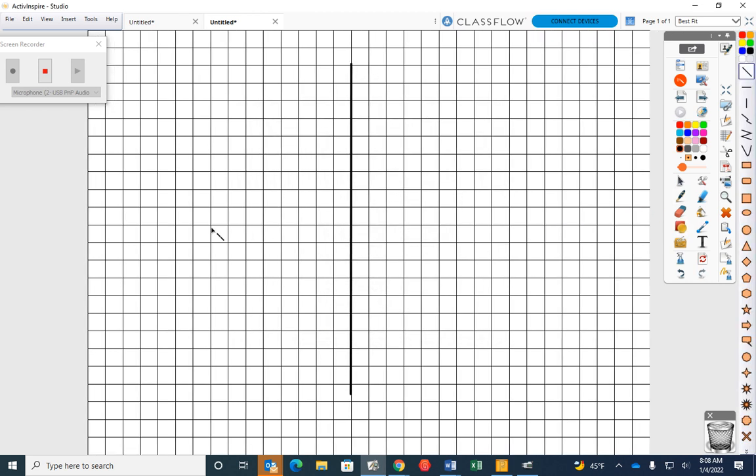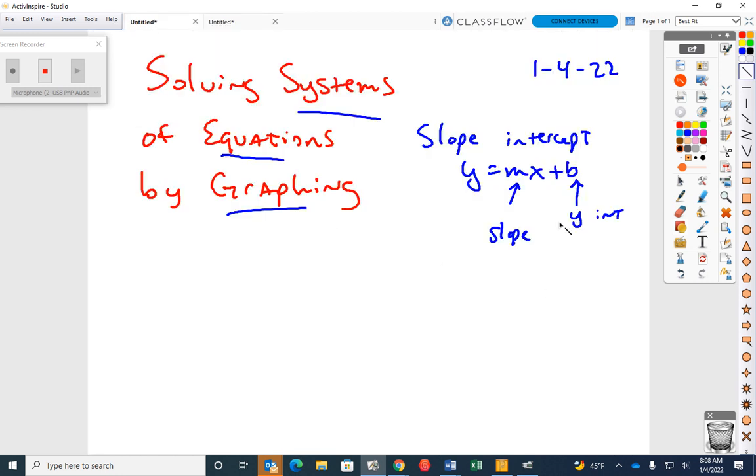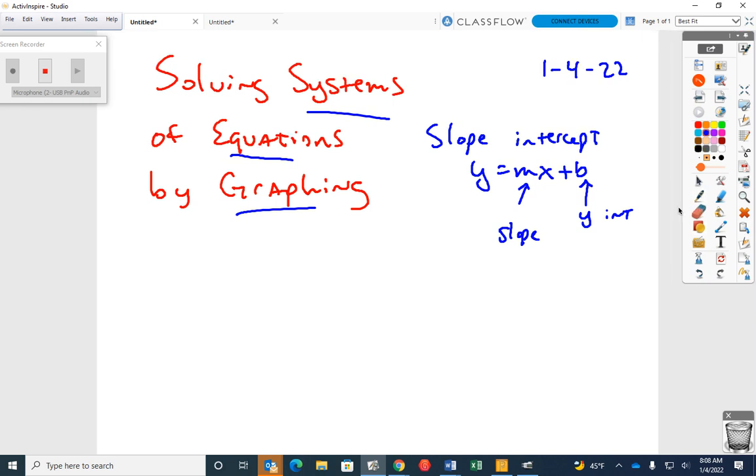All right, got a graph here. Actually, I don't need to erase it. Okay. Let's say I'm going to solve this system of equations. I have y equals negative 6x plus 4, and I have y equals negative x minus 1.